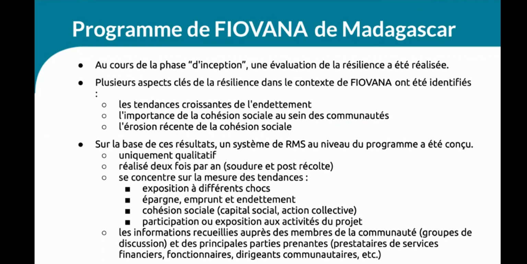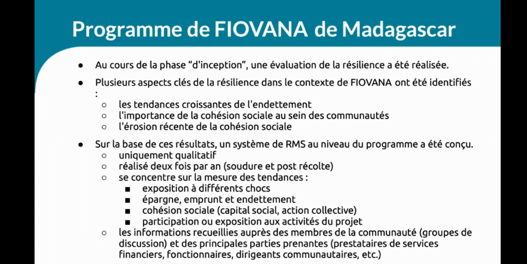So as always, we collected information about exposure to different shocks, but then there was a focus on information about savings, borrowing, and levels of indebtedness, and then also information about changes in social cohesion, particularly different types of social capital and collective action engaged in the communities.